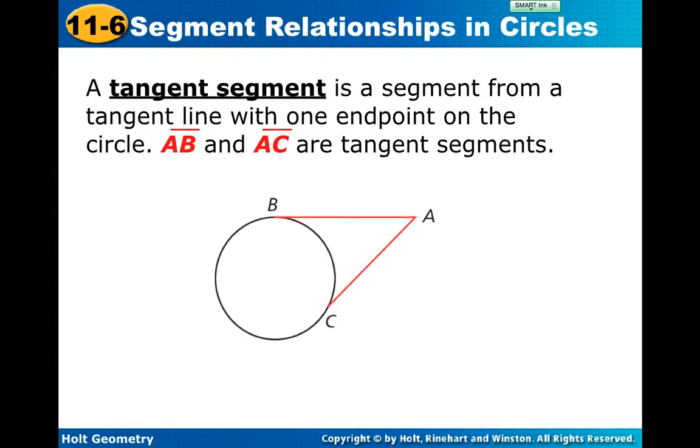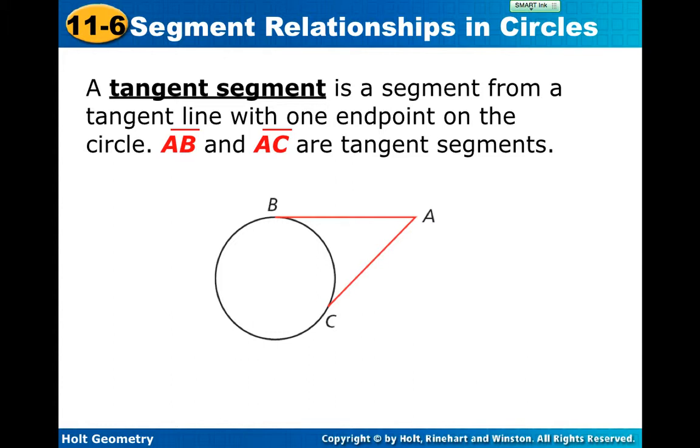All right, there is one theorem about a tangent segment. To clarify, a tangent segment is a segment from a tangent line, and it has one endpoint on the circle. So these pictures are showing tangents, not secants. This one kind of looks like it would go across the circle, but I whited it out so it stops.